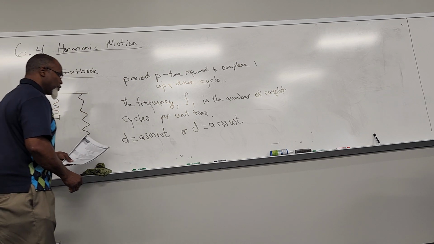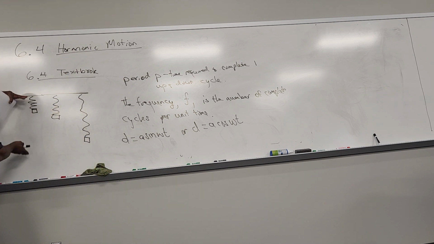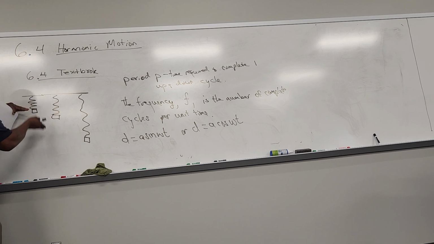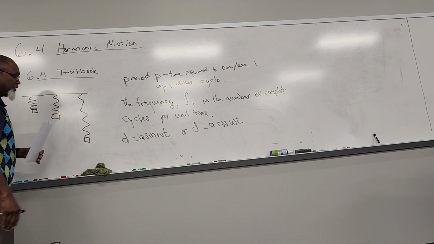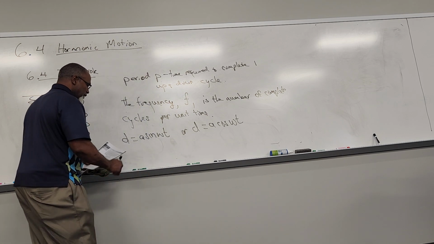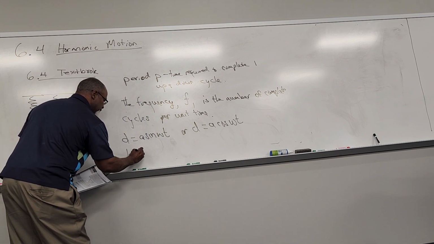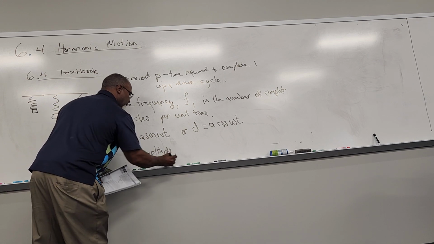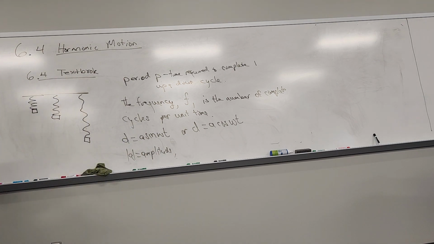They say the amplitude of motion is just that distance that it vibrates up and down. It's going to go A in positive units, A in negative units, and keep repeating that until it kind of dampens itself out and comes back to a state of rest. So A is the amplitude.